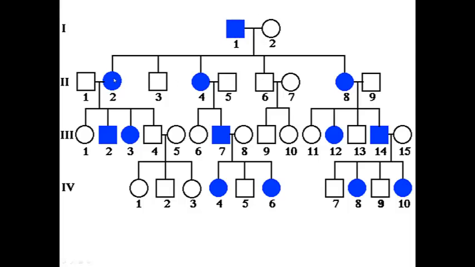The male gives an X chromosome to each one of his daughters, and all of his daughters are affected. This daughter gives an affected X chromosome to her son and to her daughter, but not to these ones. So it's X-linked.